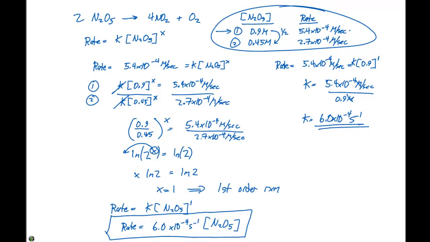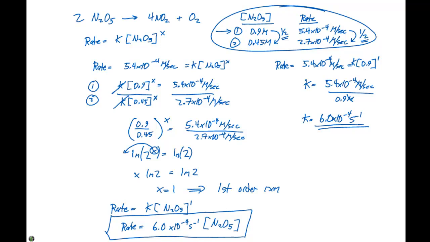If we look here, we go from 5.4 times 10 to the minus 4 to 2.7 times 10 to the minus 4. We also cut the rate in half. So by decreasing the concentration by a factor of a half, we also decrease the rate by a factor of a half. Since these two are equal, we can say that we have a first order rate expression.